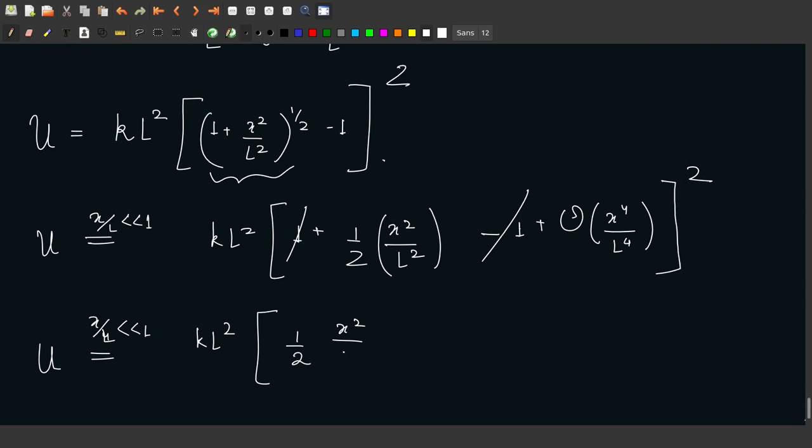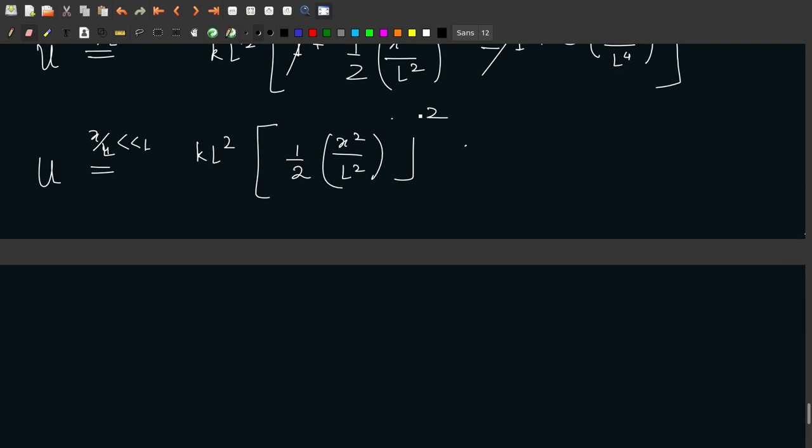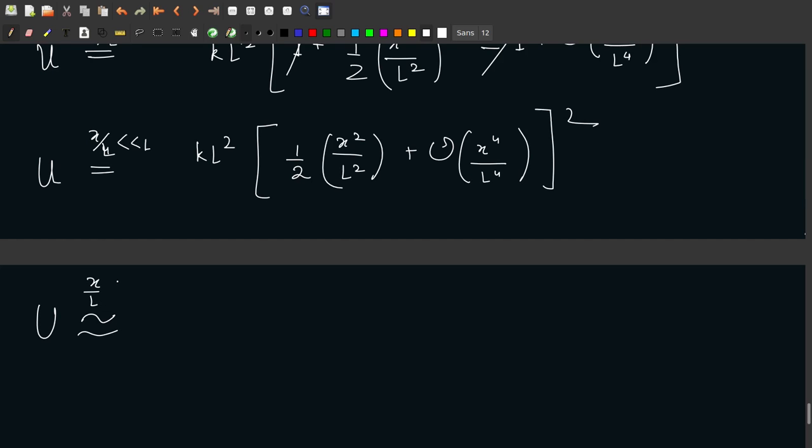So x square by L square, whole square, plus higher order terms, which are of the order of x to the power 4 by L to the power 4. So the potential energy can be approximated in this limit as 1 by 4 k L square into x to the power 4 by L to the power 4.